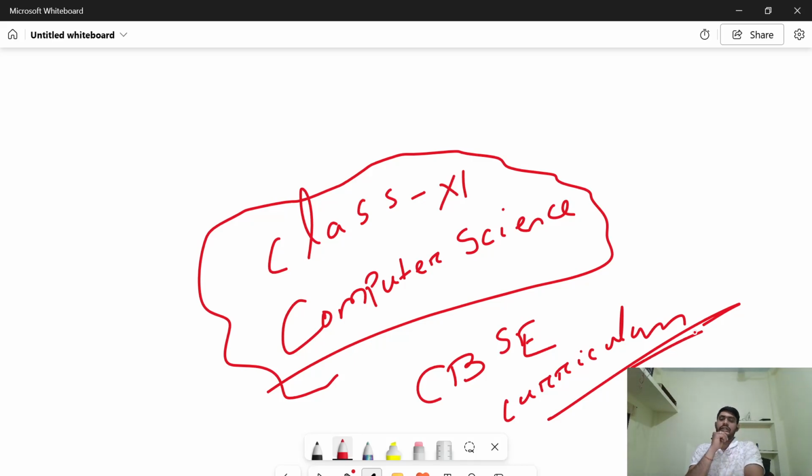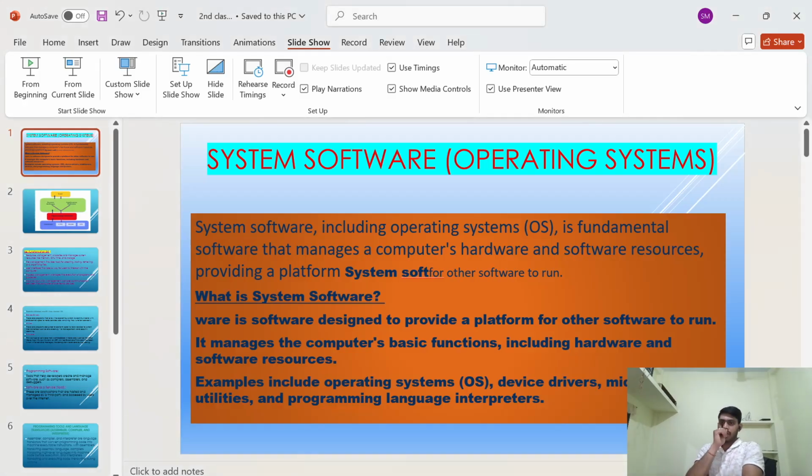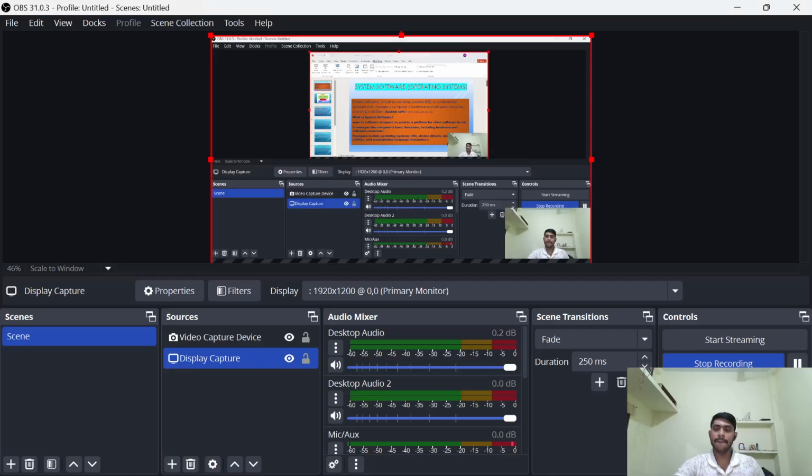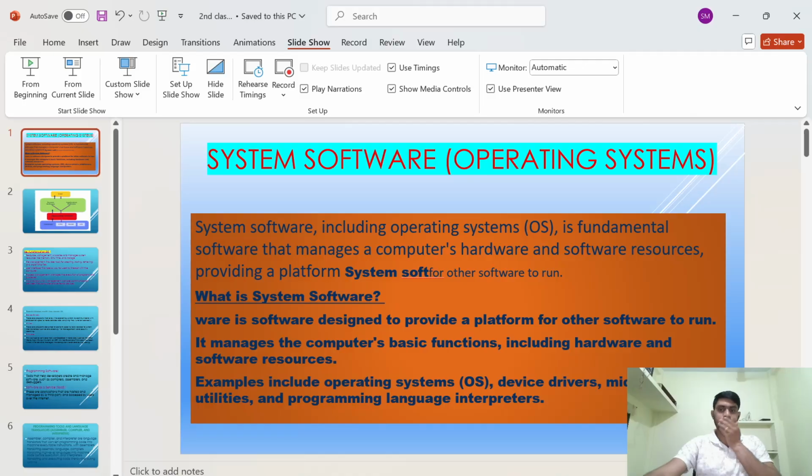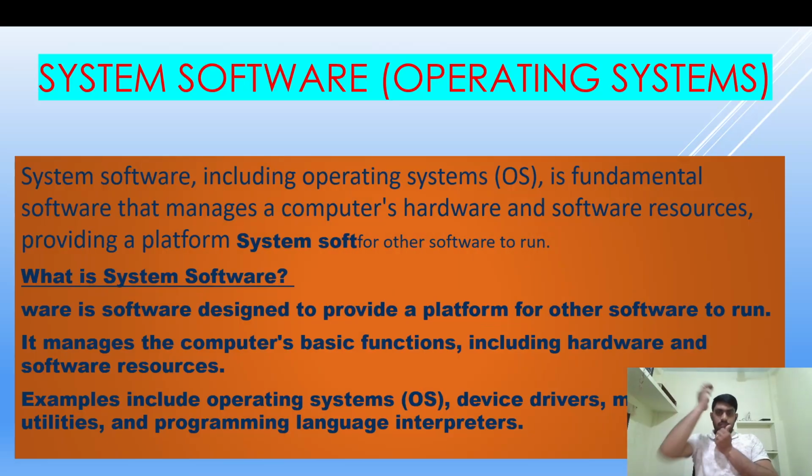So, today our topic is the different types of software. What are the different types of software? That topic today we are going to discuss. Today's topic is different kinds of software.